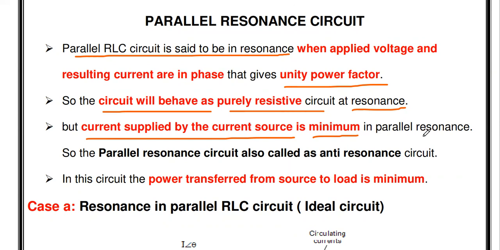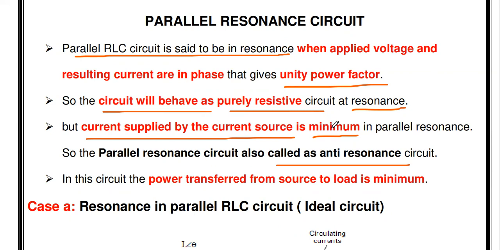So the parallel resonance circuit is also called an anti-resonance circuit. In series resonance the impedance is minimum, so the current flowing is maximum, but in a parallel RLC circuit the impedance is maximum at resonance, so the current is minimum. That's why the parallel resonance circuit is also called an anti-resonance circuit.